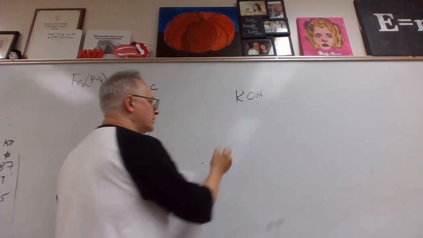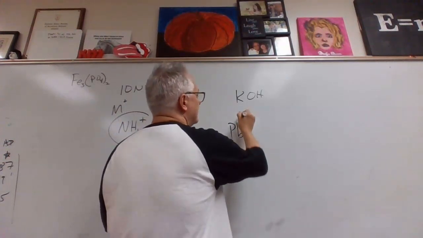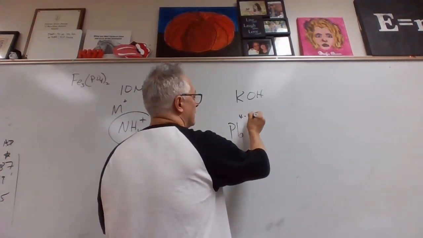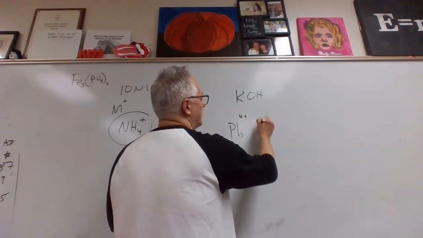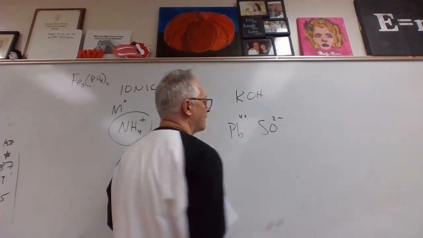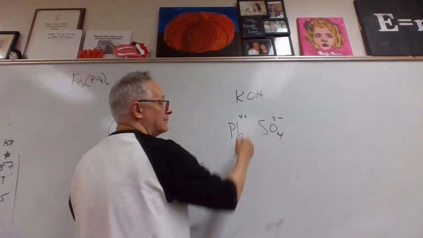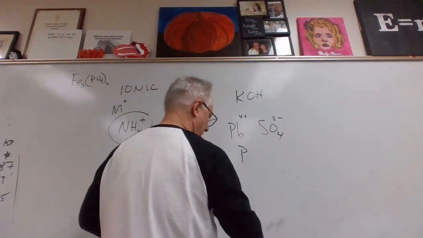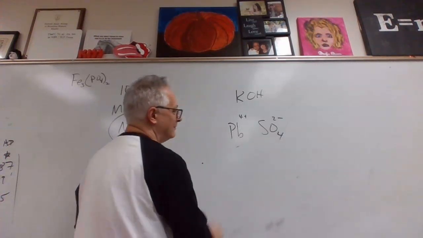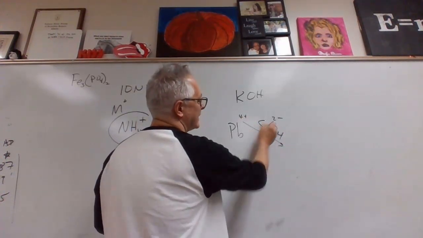Lead 4 sulfate. Lead has a +4 charge, and sulfate has a -2 charge. So we have to have 2 of these because I want to get a -4. Remember I said you could bring the numbers down like that?